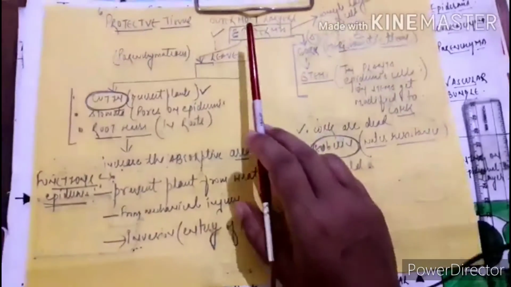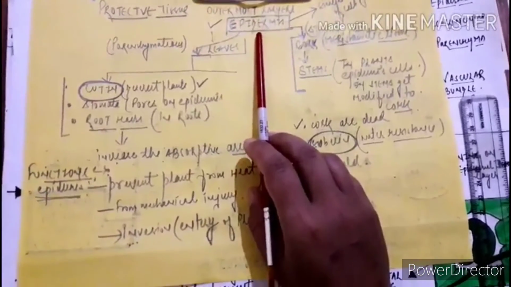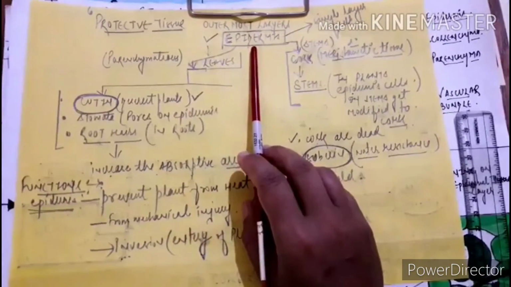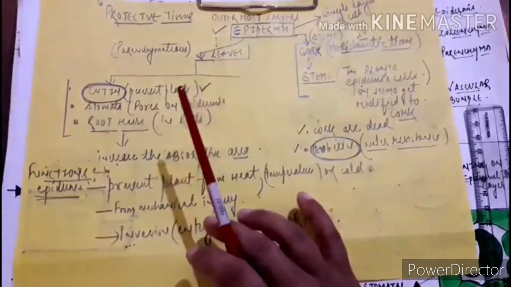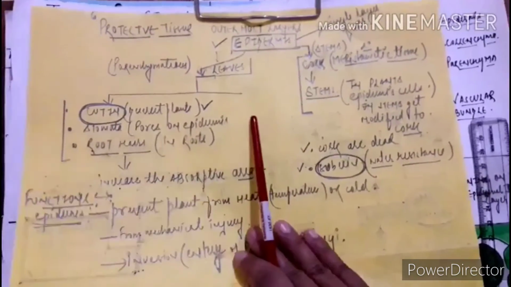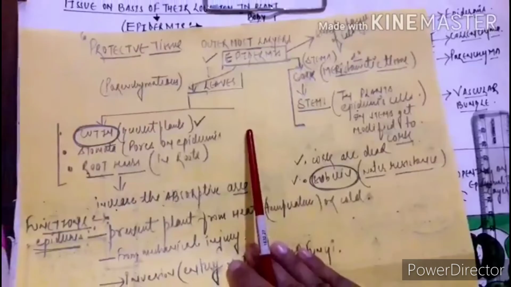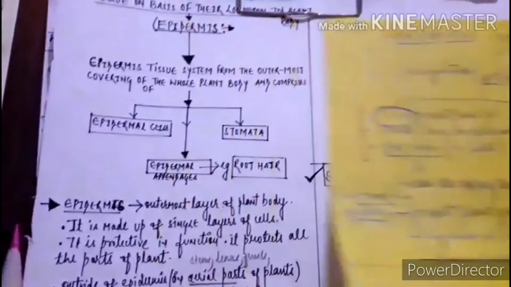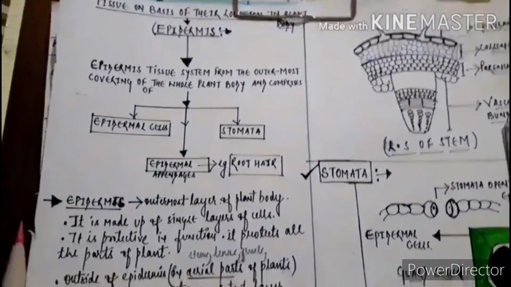When we talk about these epidermal cells, which cover all parts of the plant as a protective layer, what is epidermis, how is it different, and what are the parts which originate from this epidermis?